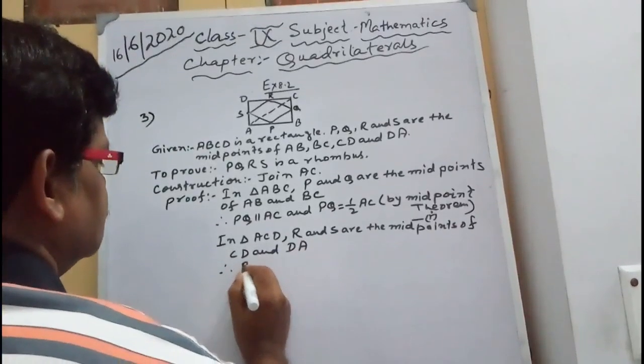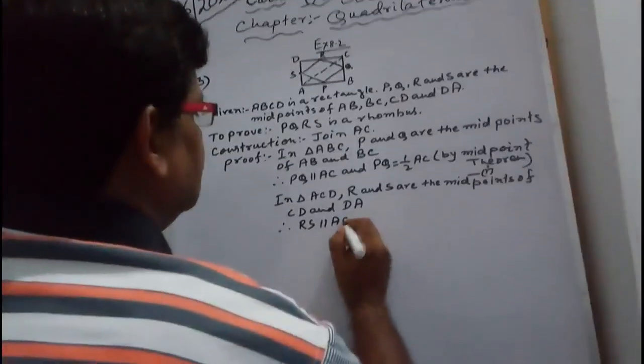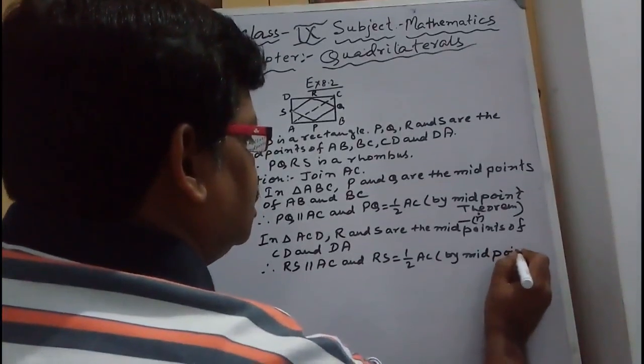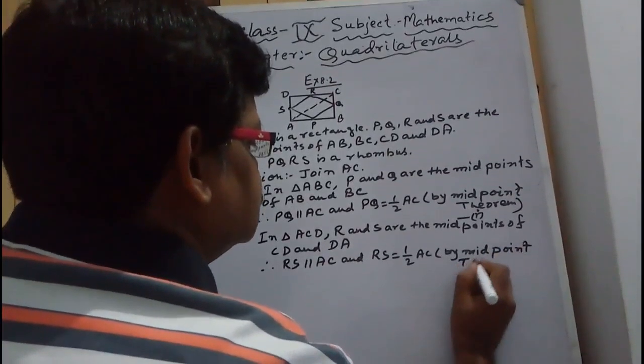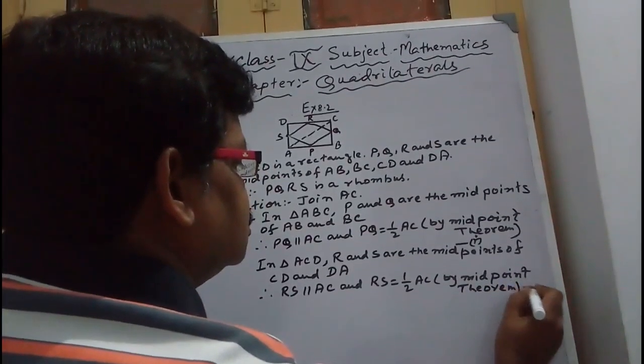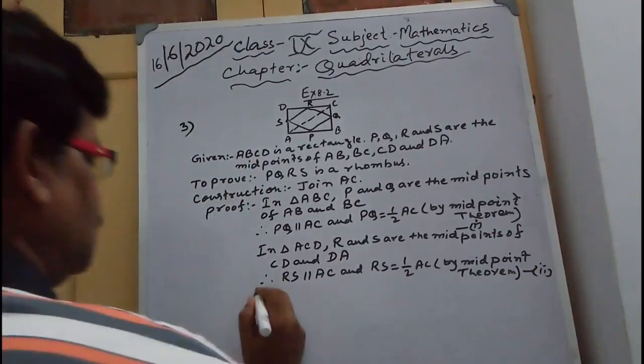Therefore, RS parallel to AC and RS equal to half AC by the midpoint theorem. Roman 2.